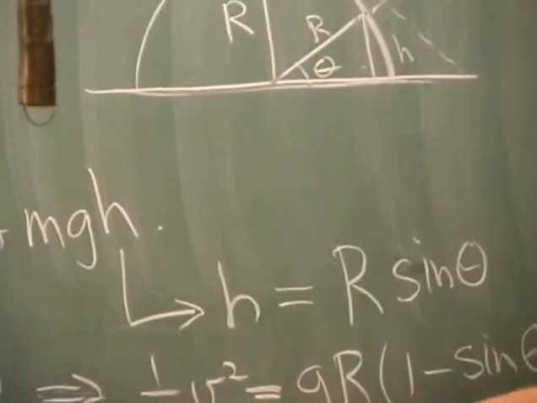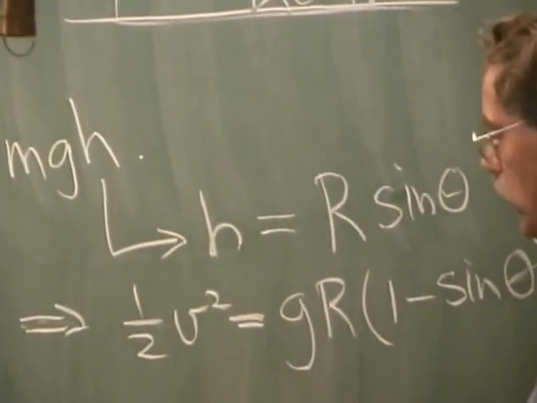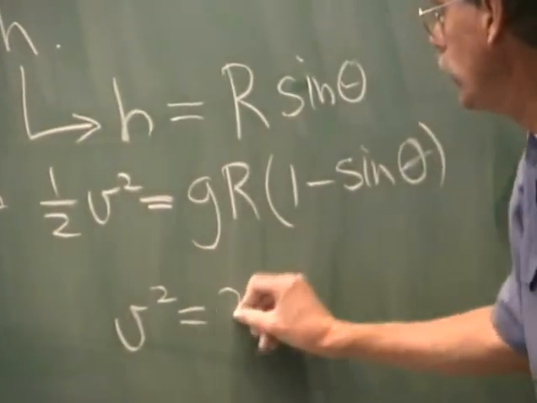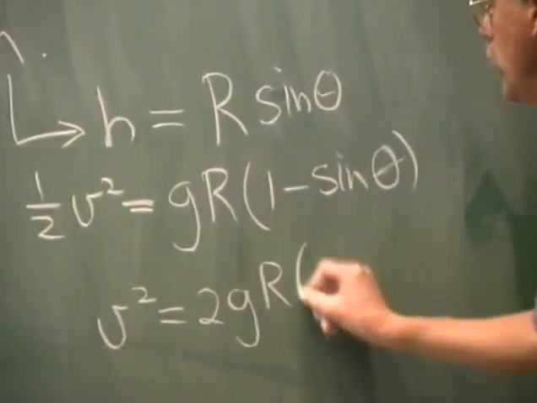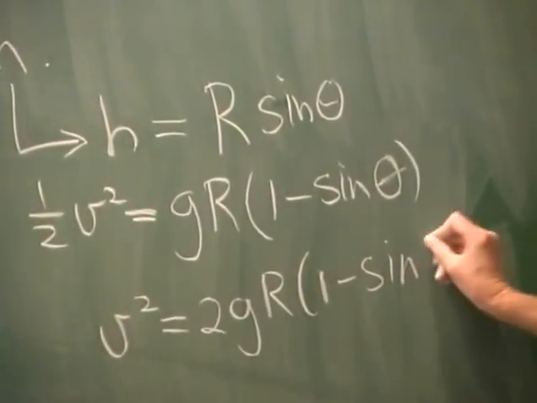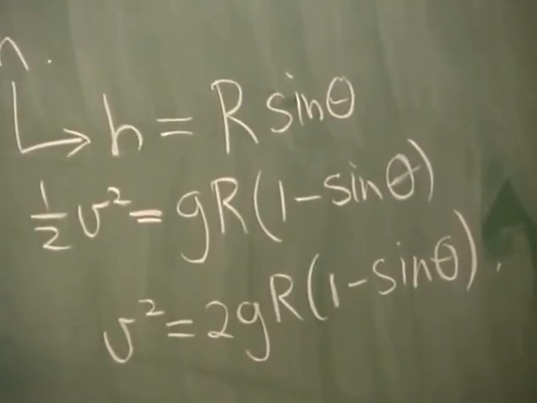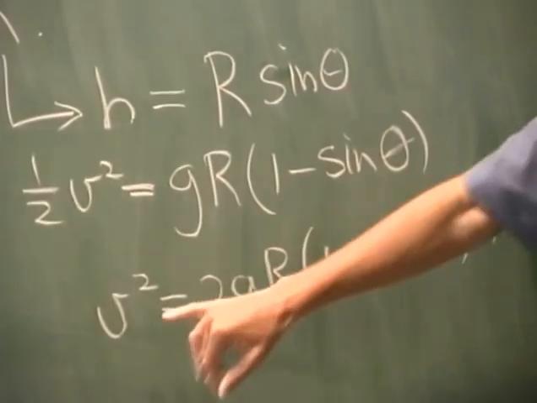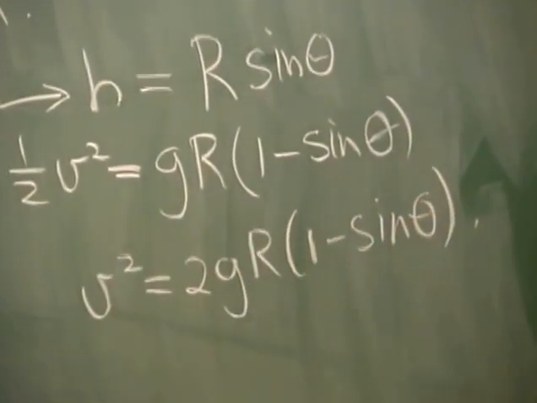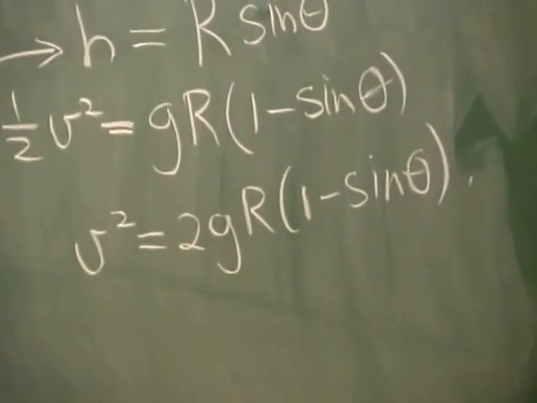Or I'm going to tidy this up. What I'm really interested in is v. V squared is equal to 2gr times 1 minus sine of theta. That certainly is true by conservation of energy. When he flies off, his velocity squared is going to be 2gr times 1 minus sine theta, whatever that theta is.